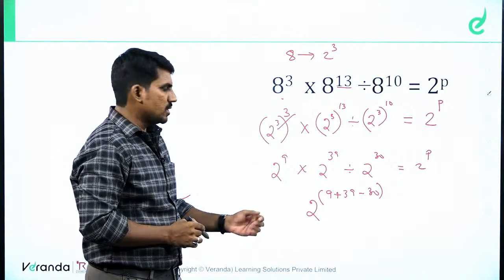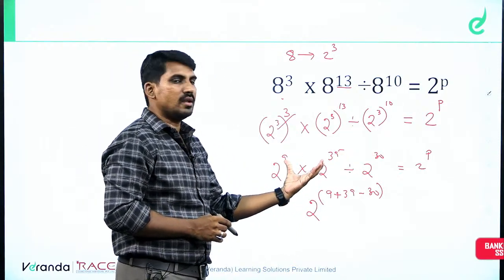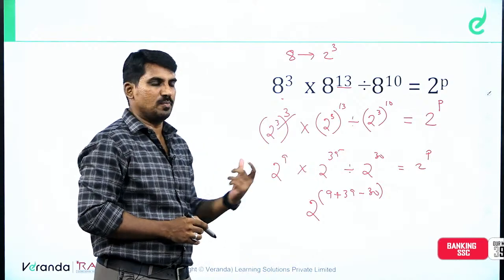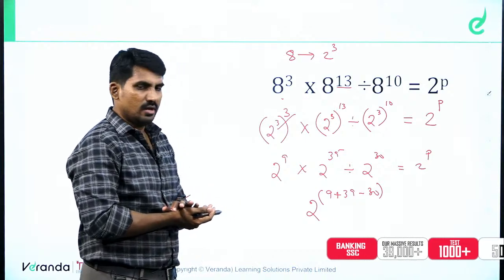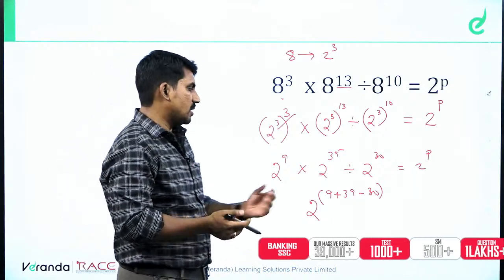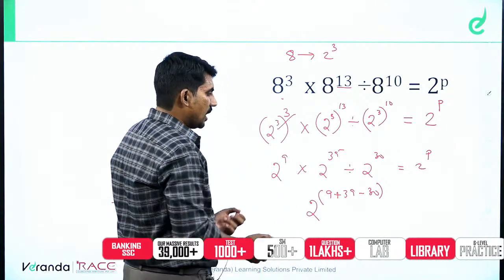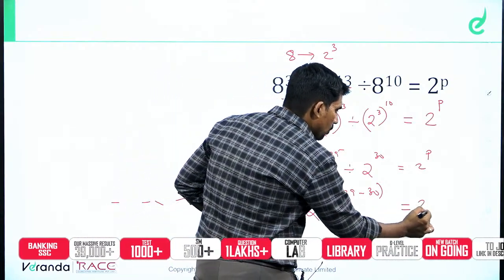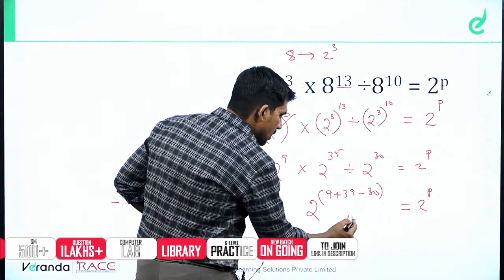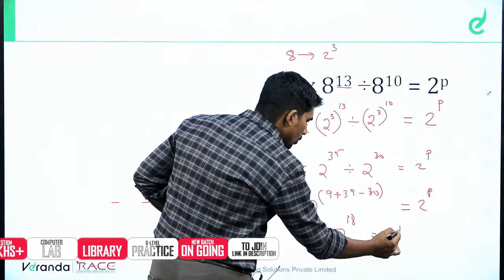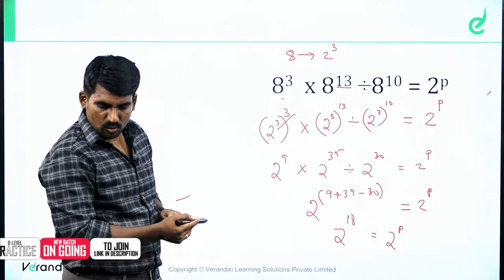They are in the division, therefore we have to subtract the powers. They are in the multiplication, therefore we have to add the powers. Therefore directly we are writing 9 plus 39 minus 30. Now 9 plus 39 minus 30, what is the value? 9. Again 9 plus 9 is 18. Therefore here we are getting 2 to the power 18 is equal to 2 to the power p.